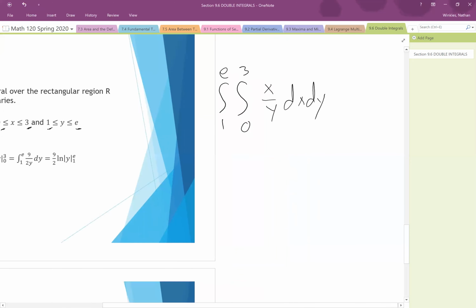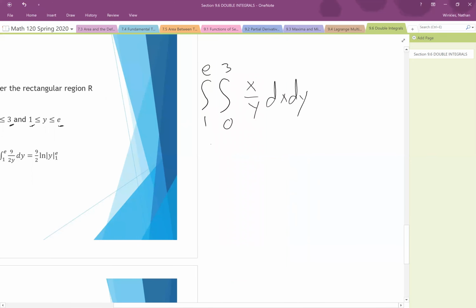So when we integrate that, the integral from 1 up to e is still going to be on the outside. So let's worry about this x. This is going to be x squared over 2y evaluated from 0 to 3, and then we're going to have our dy.